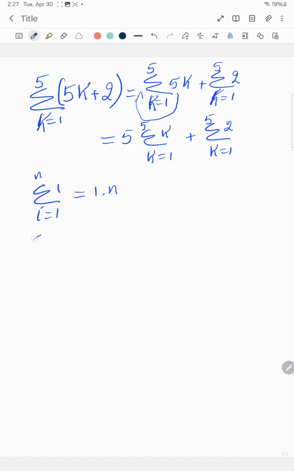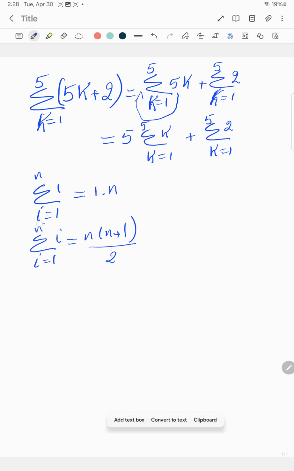And the formula for the sum of i equals 1 to n of i is equal to n times n plus 1 divided by 2. And again, the n that is here is the same n that is here. So here I have k from 1 to 5, so my n becomes 5.